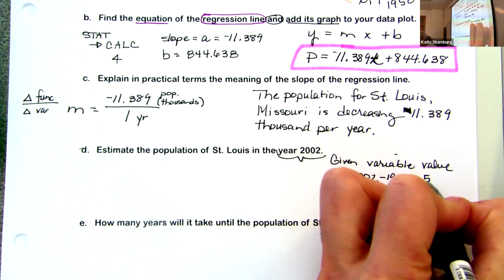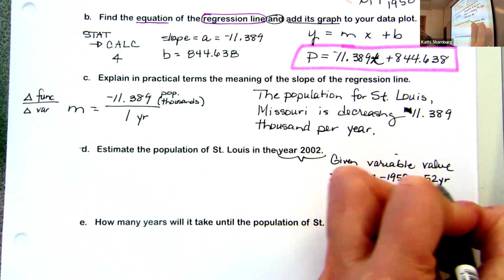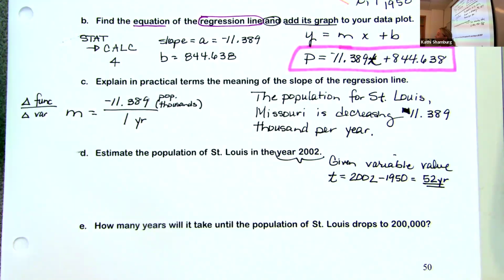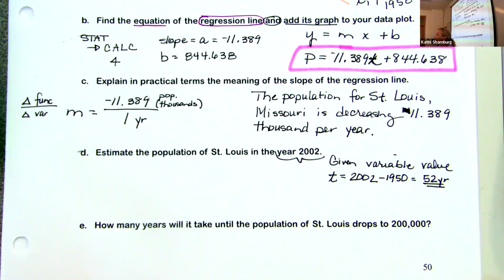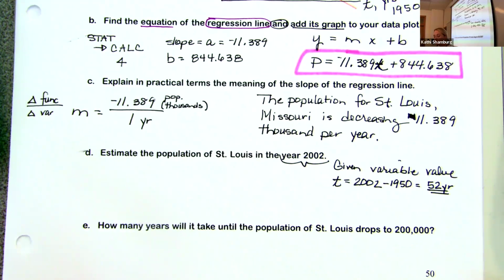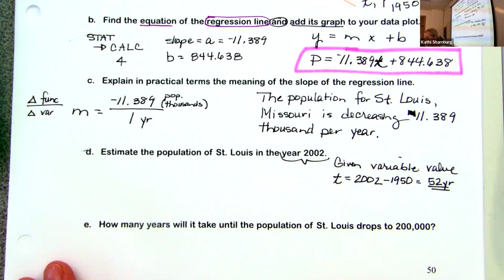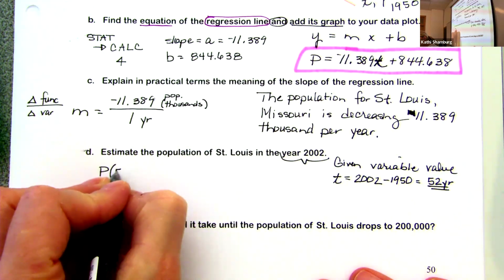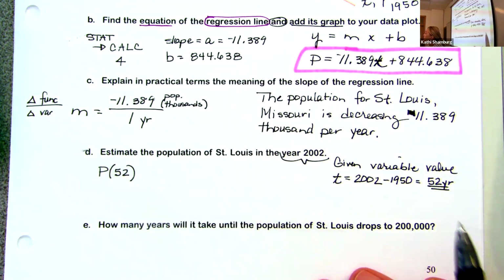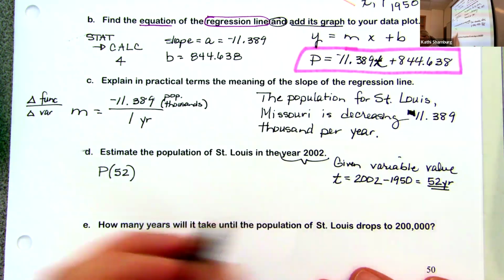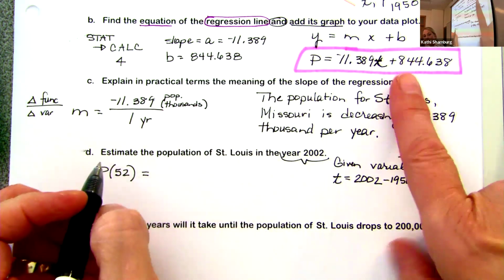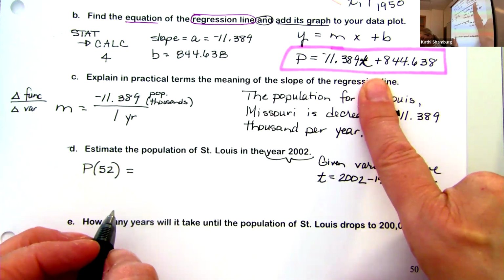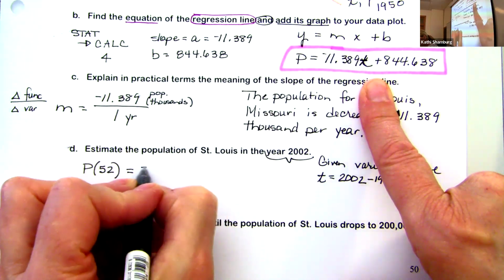So we're talking about 52 years since 1950. So my variable is 52, not 2002. All right. So if I asked you to write that in functional notation, what would that be? P at 52, which means the population 52 years after 1950, which is the population of 2002, is, and then we come up here to the equation that we found, and we're going to substitute it in.